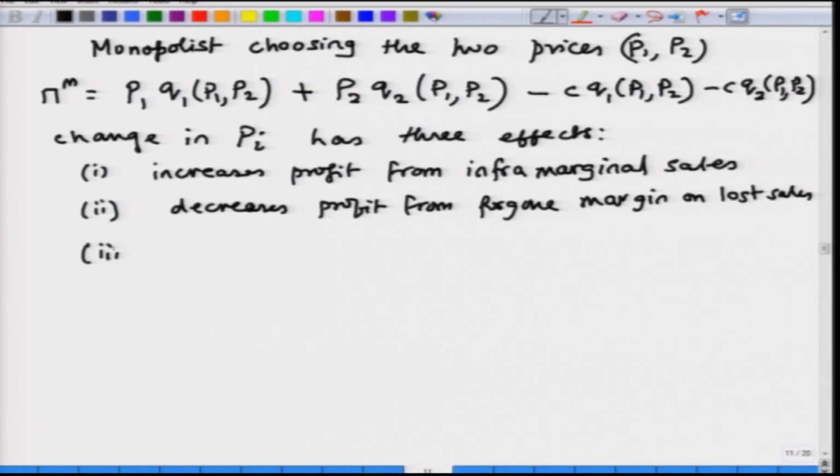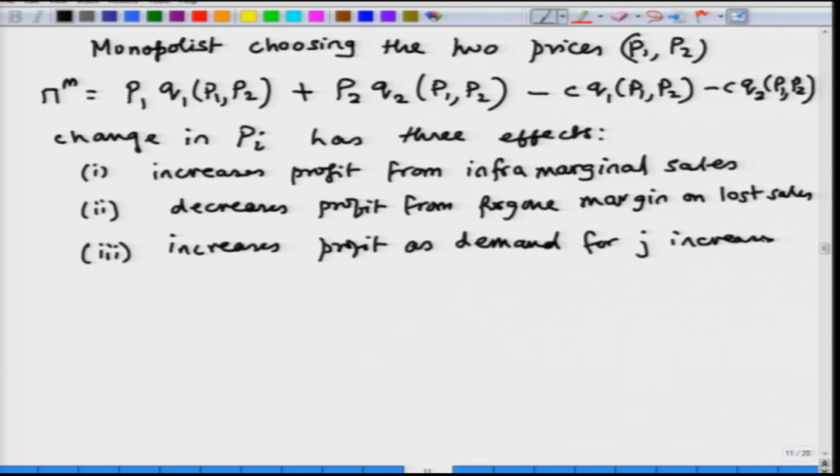And the third part is that an increase in Pi will boost the demand for good j and thereby increase profit, as demand for j increases, right. So, if I take the first order condition generally with respect to say Pi, where i could be 1 or 2, let us say i is 1.